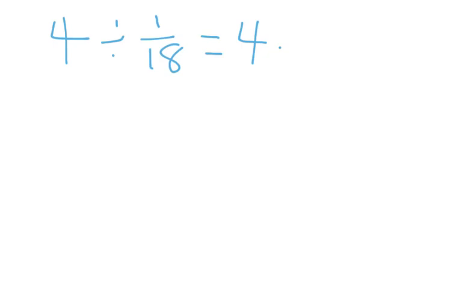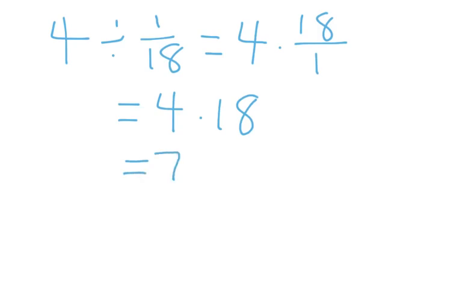So I take the second fraction, flip it over. 1 over 18 becomes 18 over 1. 18 over 1 is just an 18. So we're really just looking at 4 times 18. Maybe you get out your trusty calculator. That turns out to be 72. That's the number that was in the box.